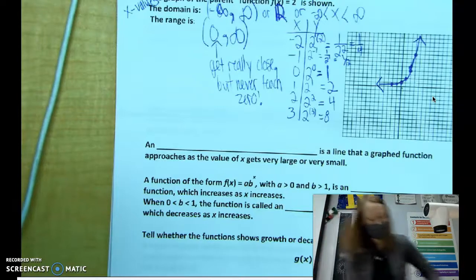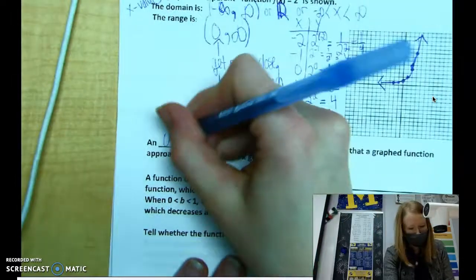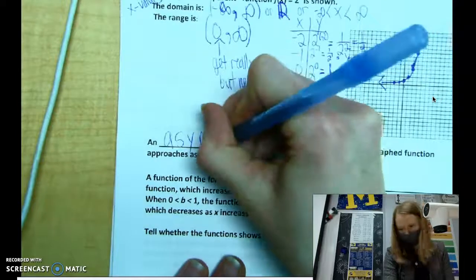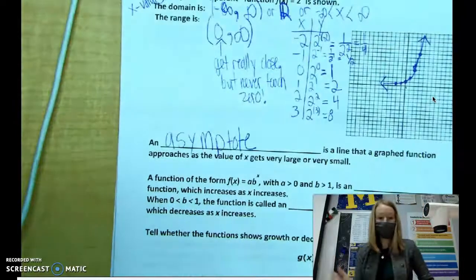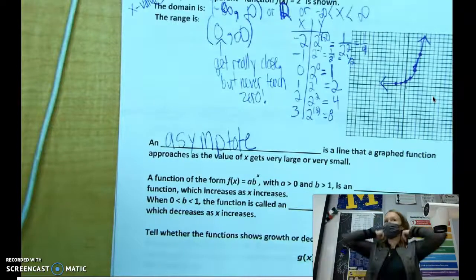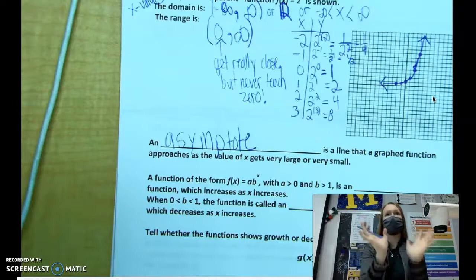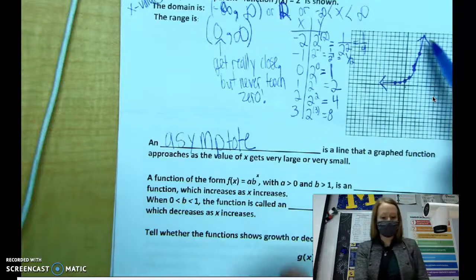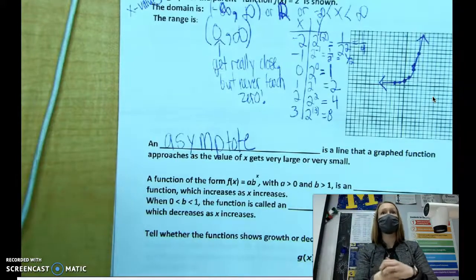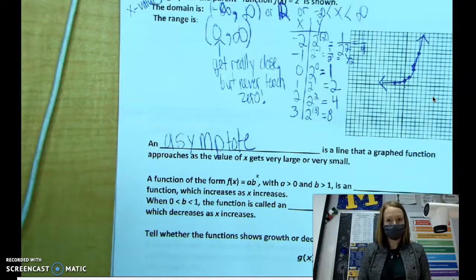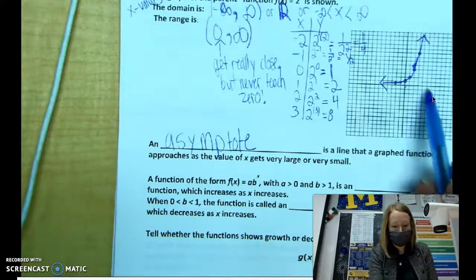This is an idea that's called an asymptote. Unless we do a transformation to it, like reflections or sliding it, no. So if you have any sort of exponential function, it's going to have an asymptote where it can't touch something. And usually that's at 0. So in this case, we have an asymptote.